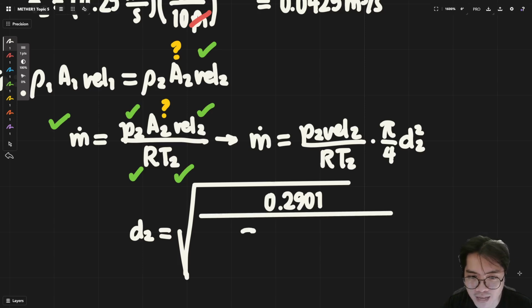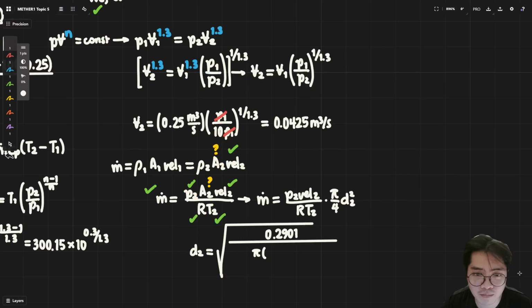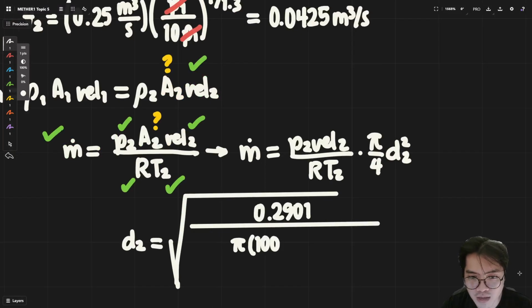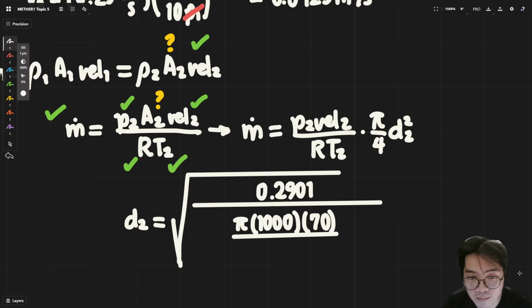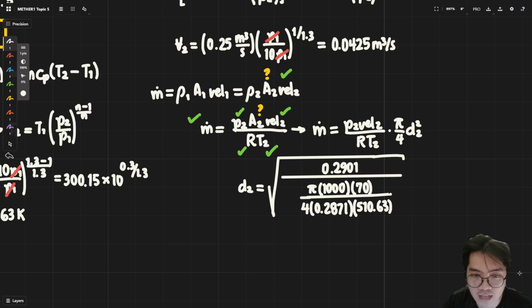So you'll have pi times your P2, which is 1000, times your velocity 2, which is 70, all over your 4 times 0.2871 times your T2. Your T2 in this case is 510.63. There you go.